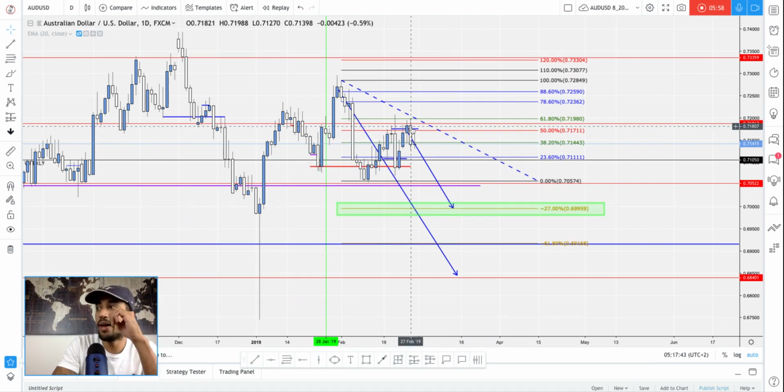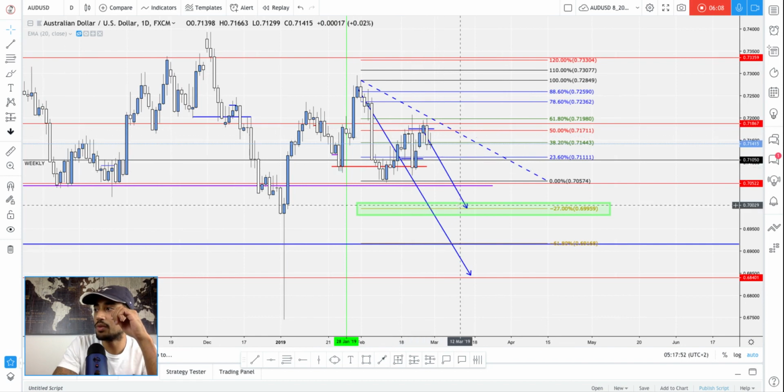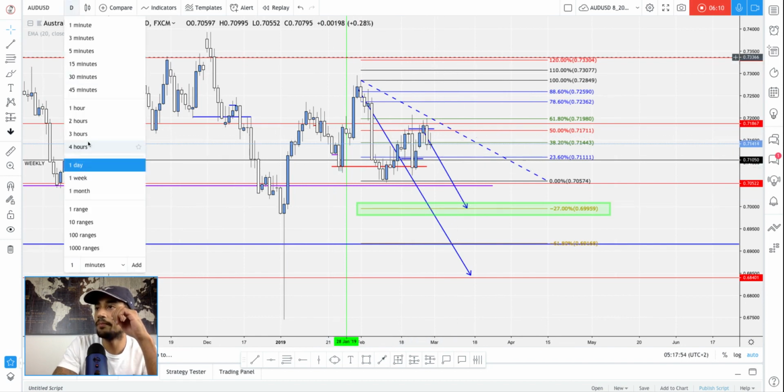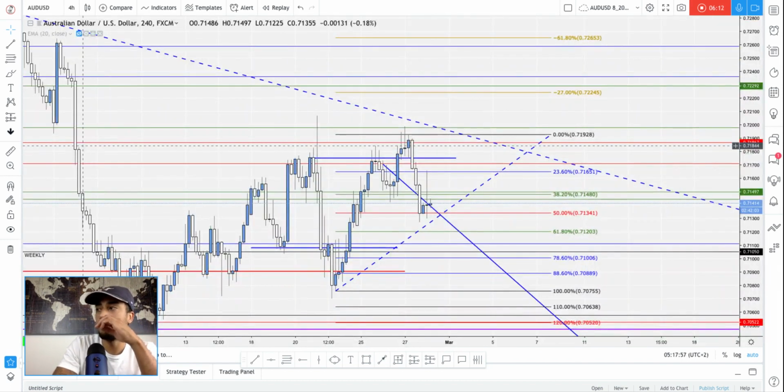We do have that this candle right here closes beyond this bullish candle right here for the continuation of this downwards push. And let's look at the H4 time frame.